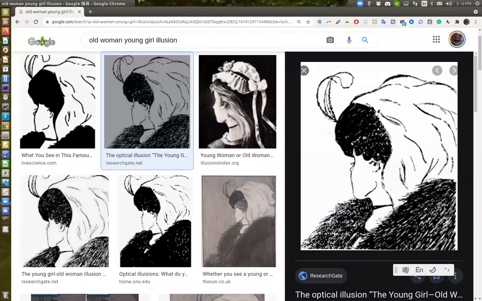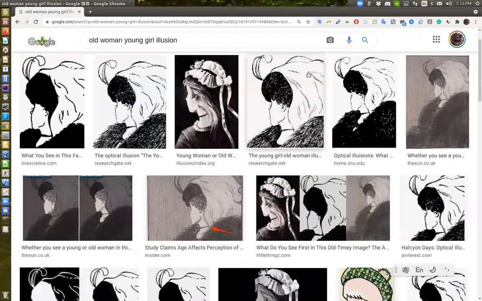This is a really famous picture. I guess I saw it in elementary school or something like that. I don't exactly know the name of this picture, but it's a famous illusion. If you've never seen it before, what do you see?